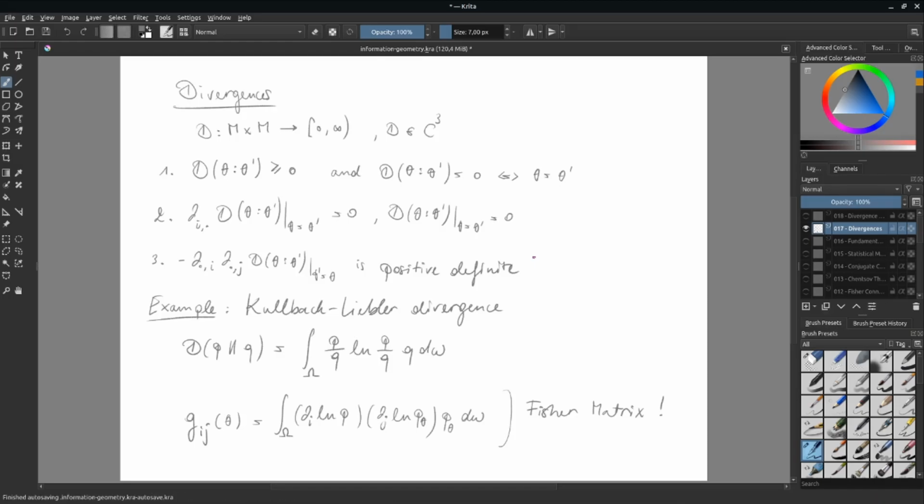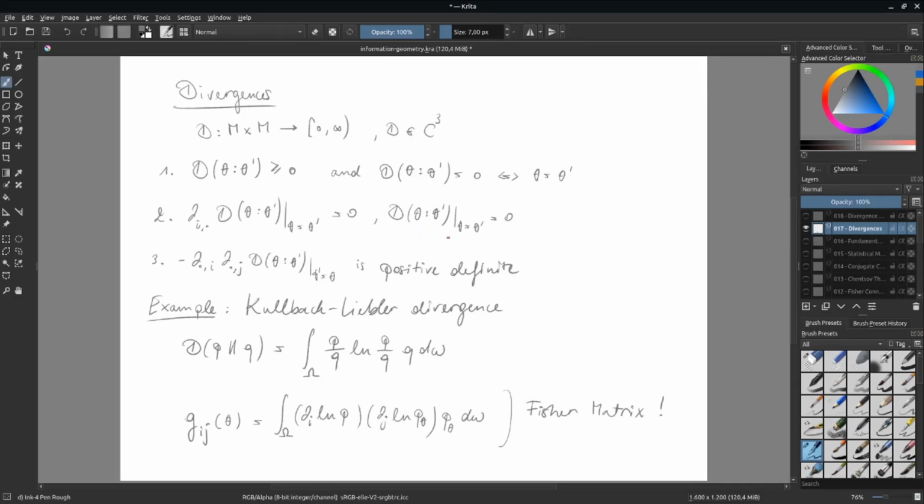information geometry sense. It's saying that if we take the first derivatives along each coordinate of this expression, evaluated at theta equal to theta prime, that should be 0.